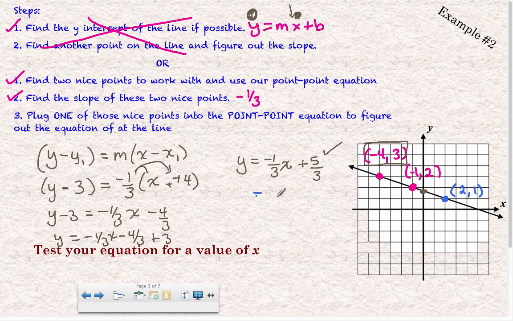Negative 1/3 times 2 plus 5/3. Well, that would be negative 2/3 plus 5/3. My pen is going wonky, it's not writing. Negative 2 plus 5 is 3 over 3, which is my y value. And guess what? My y value is 1. So we did write a correct equation.